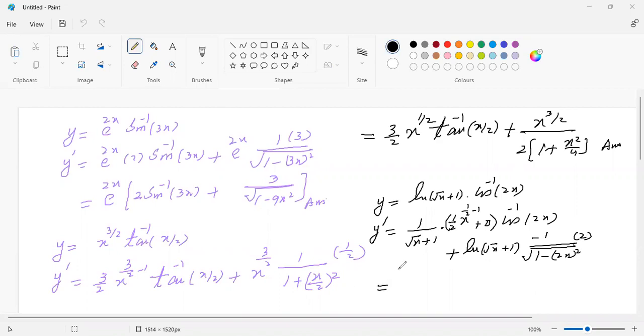The last step is to simplify everything. This is half x raised to the power minus 1 by 2, divided by the square root of x plus 1, and cosine inverse of 2x, plus, keeping the square root of x plus 1 as it is, and writing negative 2 divided by the square root of 1 minus 4x square. So this is the final answer.